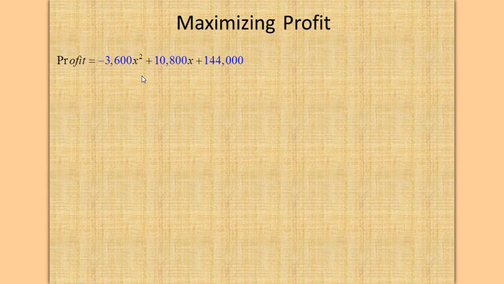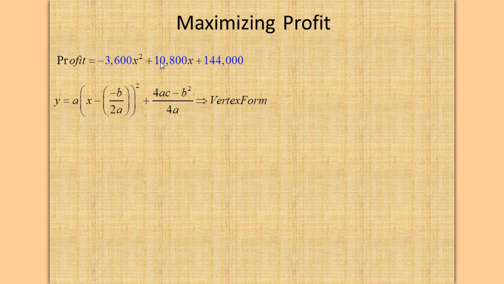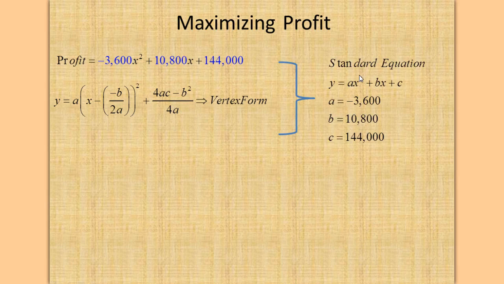Okay, here's our profit equation. Now we have to plug this equation, to maximize profit, into our vertex form. How do we do that? Well, we remember from a standard equation in our last video, and I'm not going to go through that again. Look at my maximization of revenue video, where we went through this in detail. So in our standard equation, a is equal to minus 3,600, b is equal to 10,800, and c is equal to 144,000.